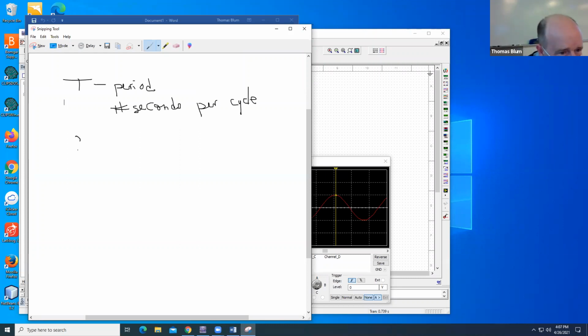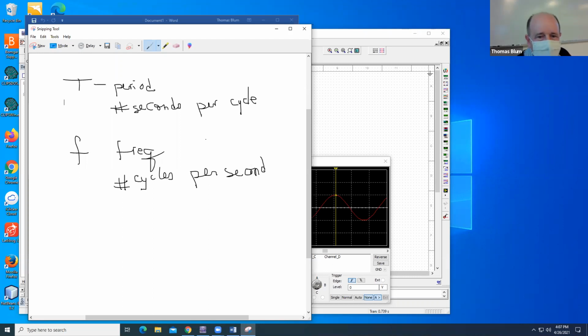The frequency is the number of cycles per second. And hopefully by emphasizing the units, seconds per cycle and cycles per second, you can see that they have a reciprocal relationship, that T is 1 on F, or F is 1 on T. That's the same equation, just rewritten.